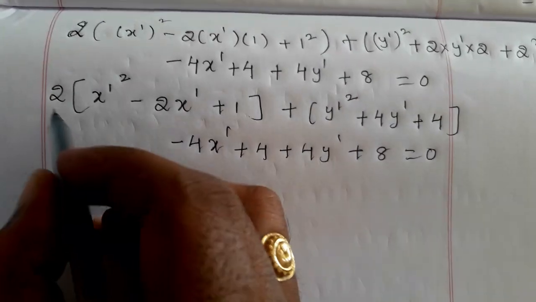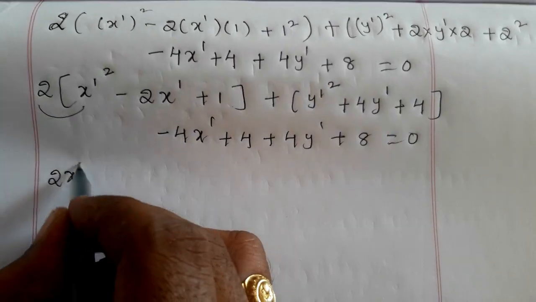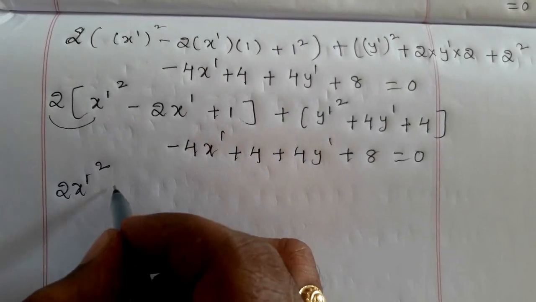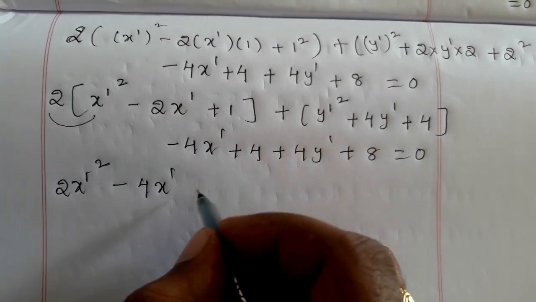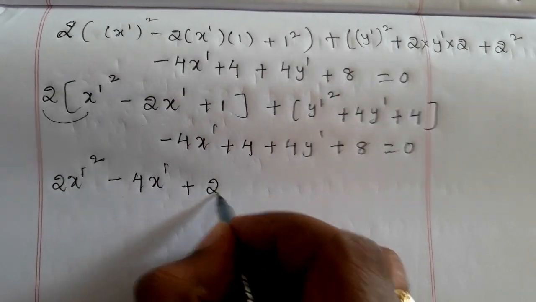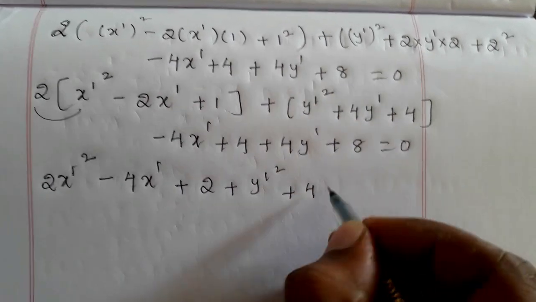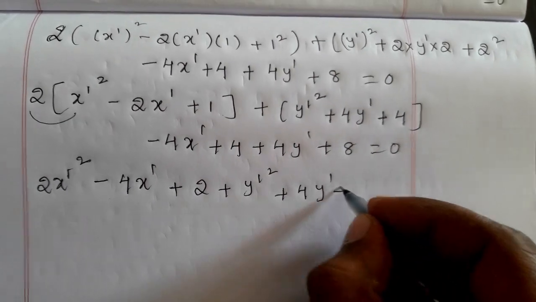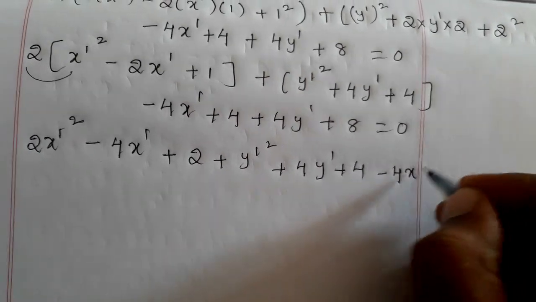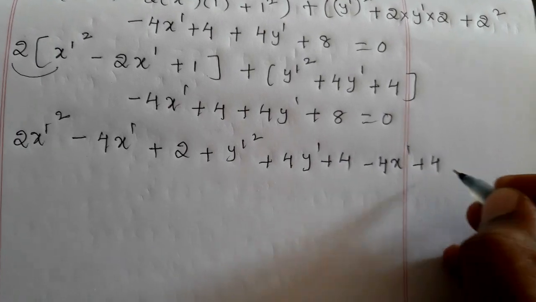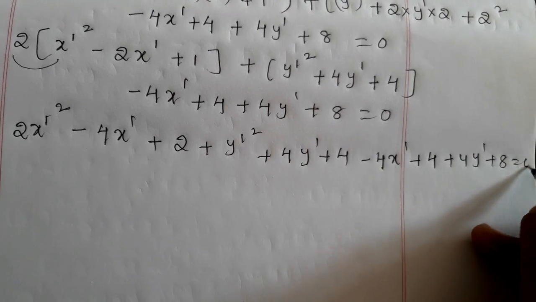See the next step: 2x'² plus, into minus is minus, 2 into 4x', 4x', plus 2 into 1 is 2. So y'², 4 times y' plus 4, minus 4 times x' plus 4 times y' plus 8 is equal to 0.